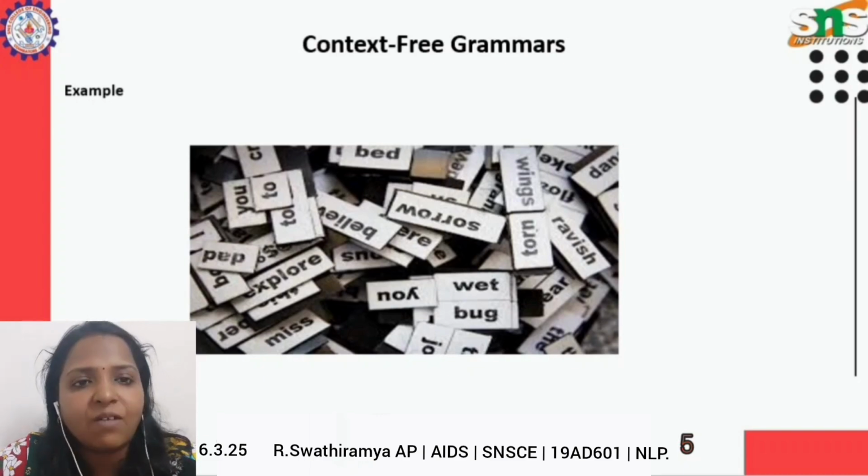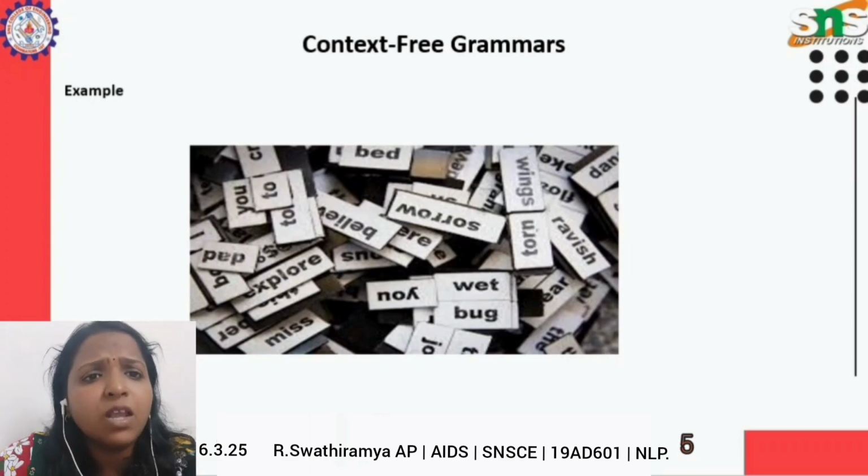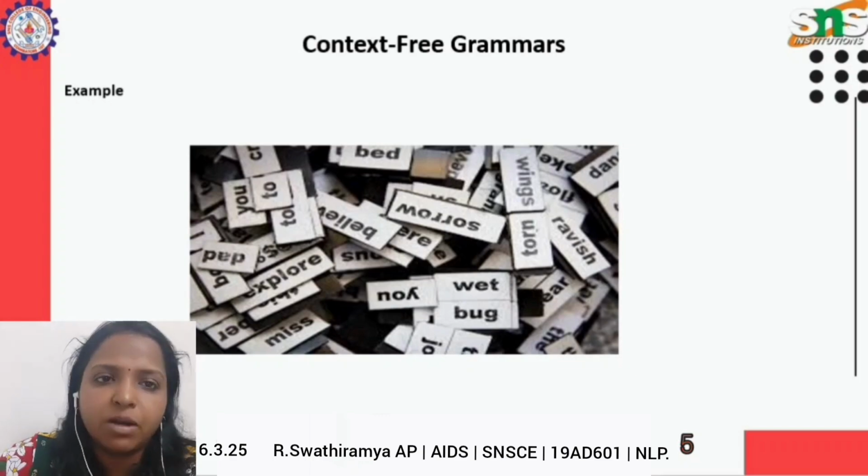You will have rules like this, so that when we apply all these rules to our sentence, you will finally identify whether the given sentence is grammatically right or not. This is the main purpose of CFG.